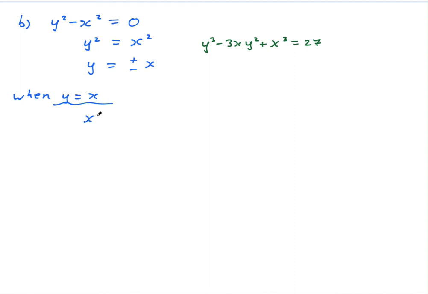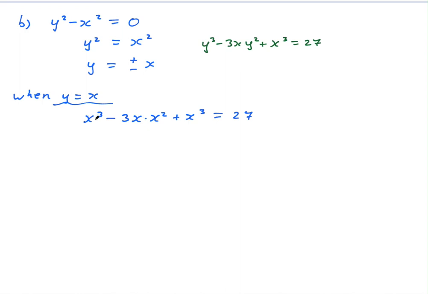When y equals x, I'm going to sub in x. So now I have x cubed instead of y cubed: x cubed minus 3x times x squared plus x cubed equals 27.